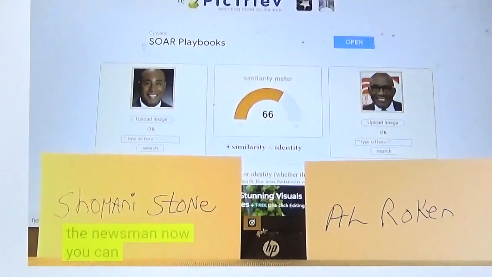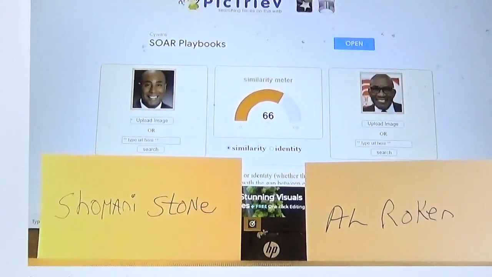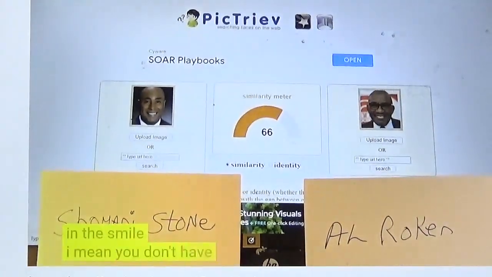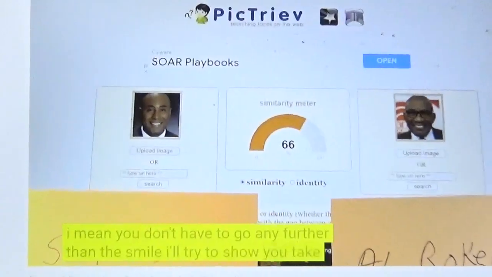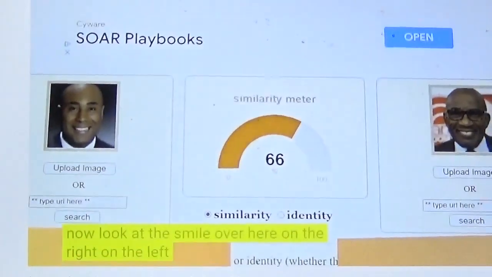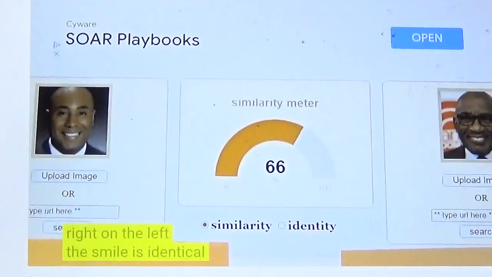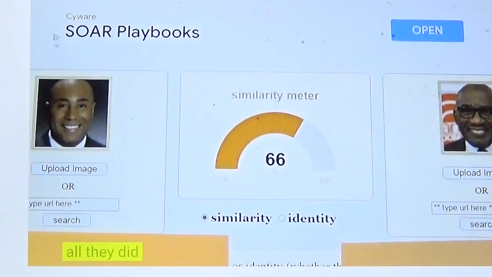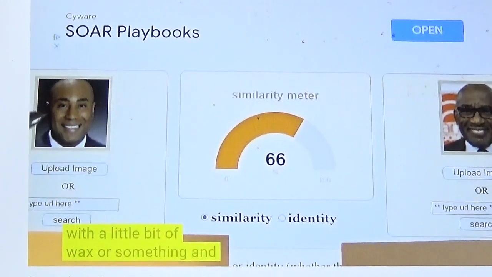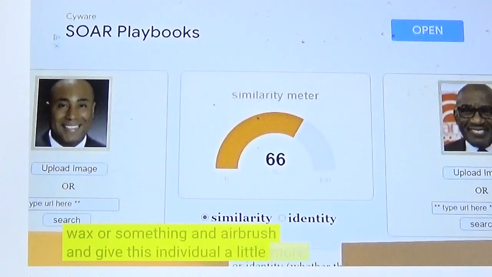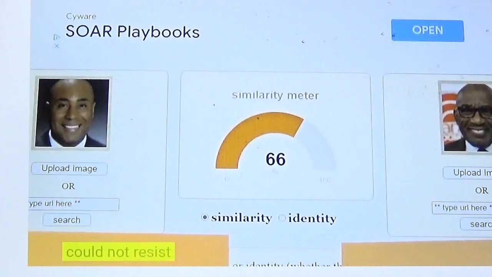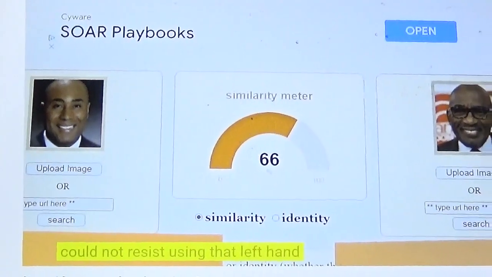Now you can actually see it in the smile. I mean, you don't have to go any further than the smile. I'll try to show you. Take a look at the smile over there. Now look at the smile over here on the right, on the left. The smile is identical. All they did was kind of polish up with a little bit of wax or something and airbrush and give this individual a little more youthful appearance. But you saw the hand gestures. Could not resist using that left hand.